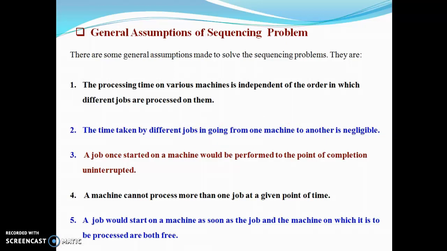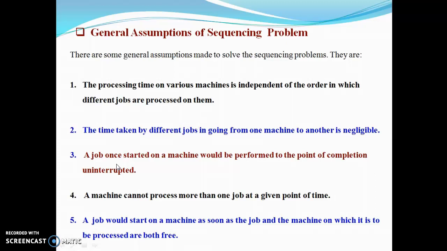It means the time involved in moving jobs from one machine to another is negligible.